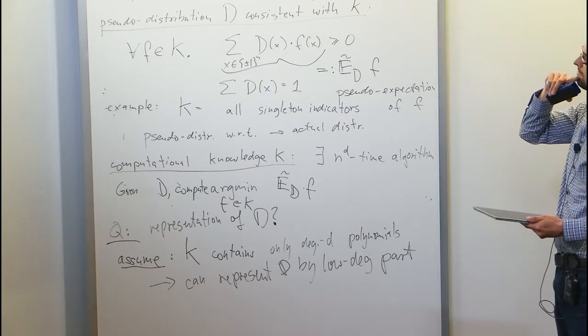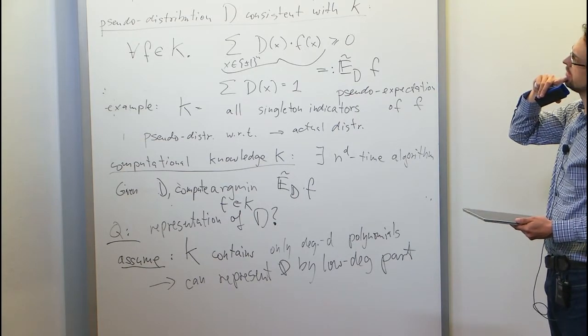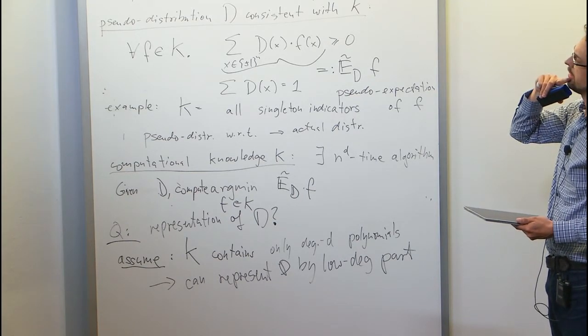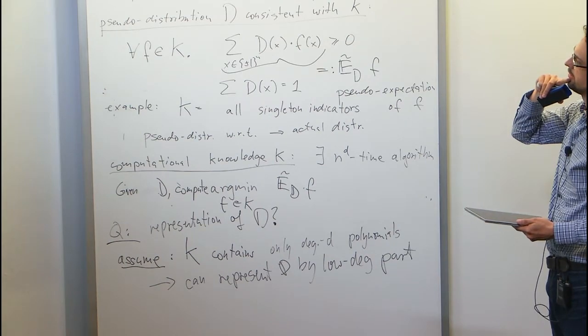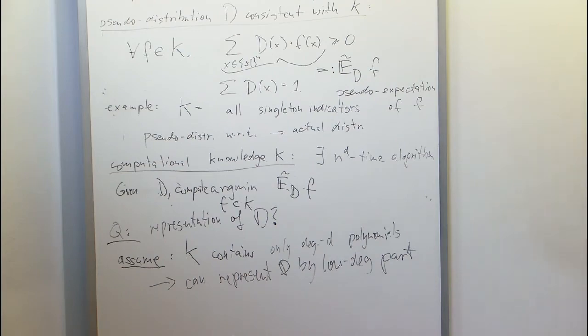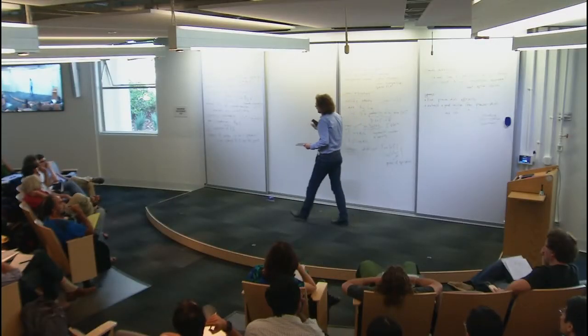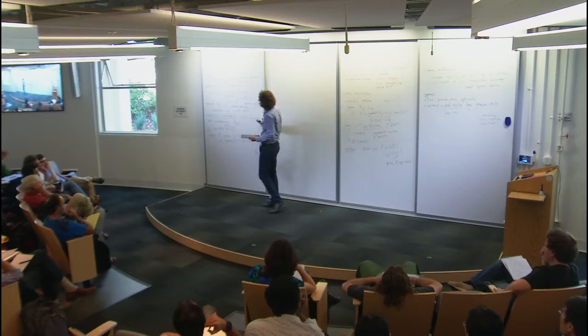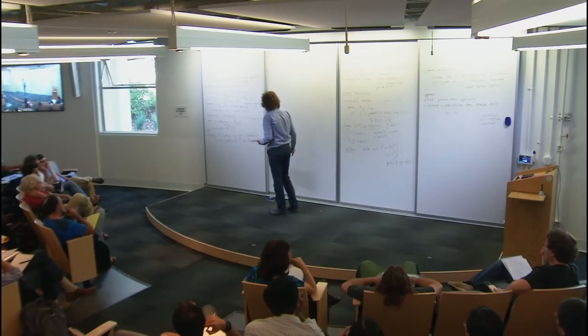It's probably some kind of necessary condition that if you look at the affine span or linear span of K, it should not be too large. Otherwise, it cannot be computationally efficient in this sense.